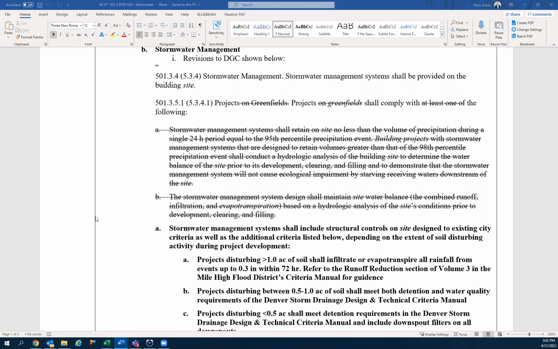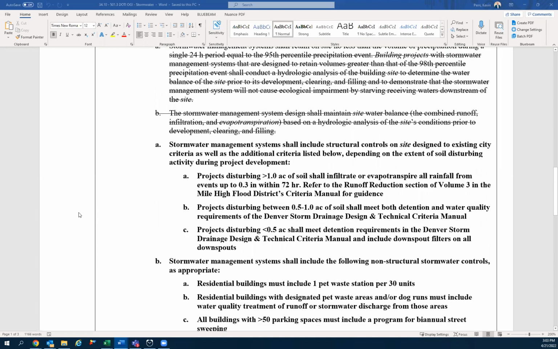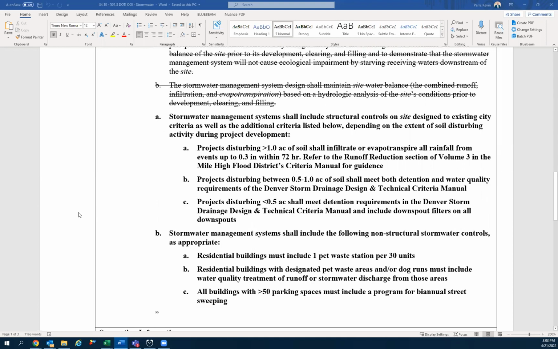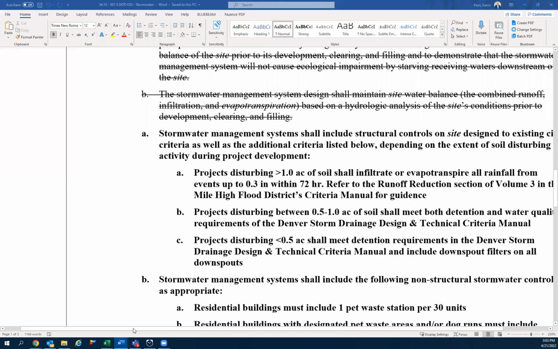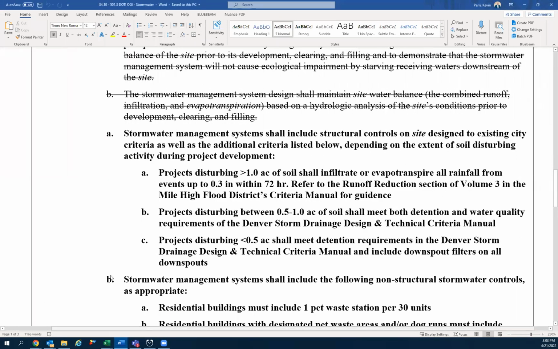So I don't know if this was brought over from a different state potentially. And so striking the old criteria and introducing new criteria below in bold, the essence of part A is that we propose shifting existing criteria, but based on site.